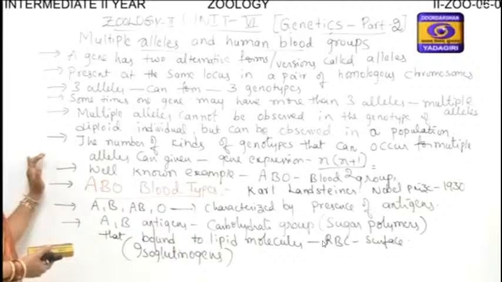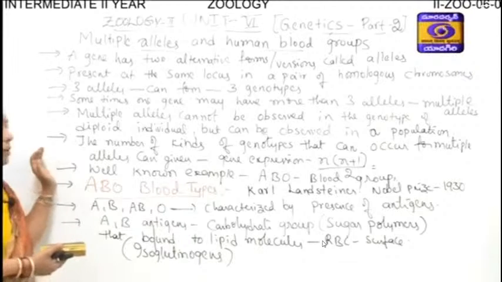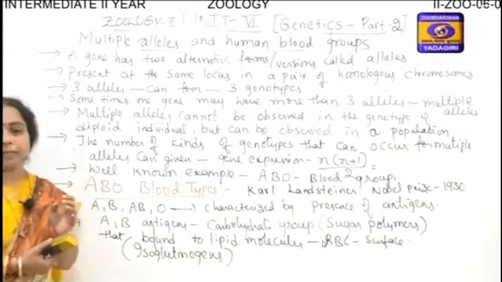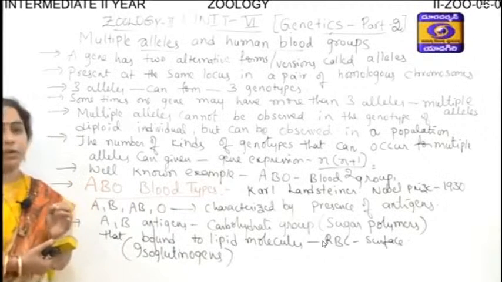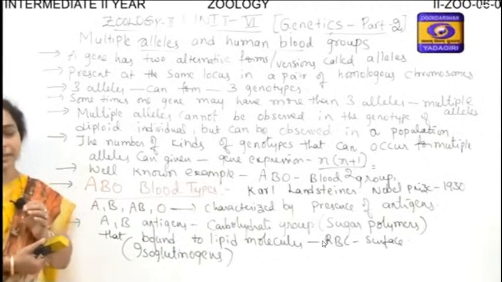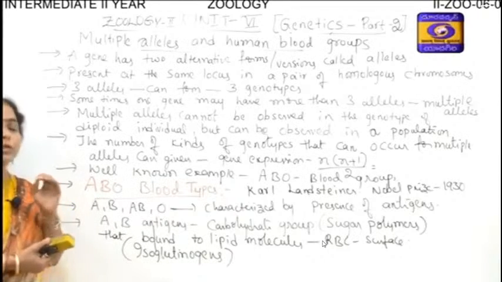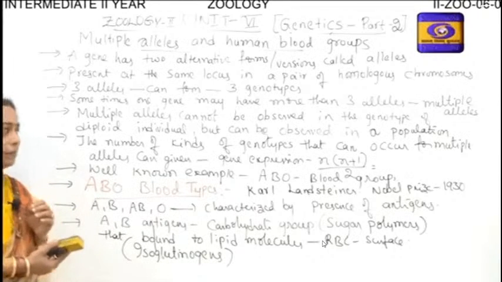During inheritance, some of the offspring, or some individuals of the species, will show some differences in the character. Those differences are known as variation.